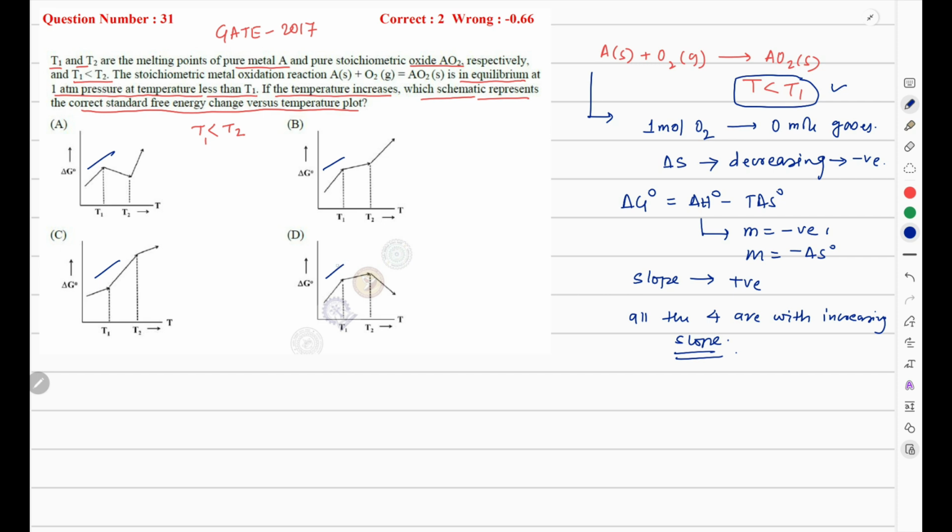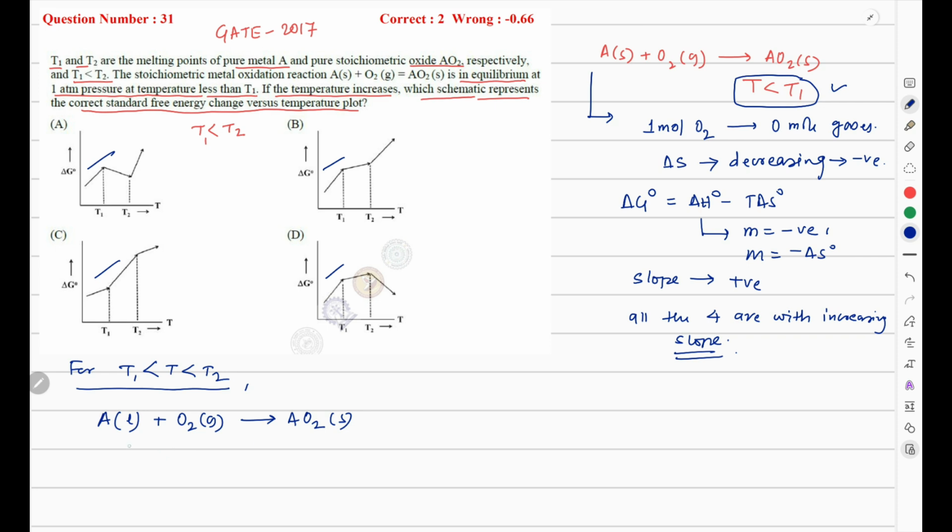Now, for temperature between T1 and T2, according to the reaction, the A phase metal is in the liquid state because it has already crossed the melting point of A at T1. So liquid plus oxygen gas gives rise to AO2, which is still in the solid phase.